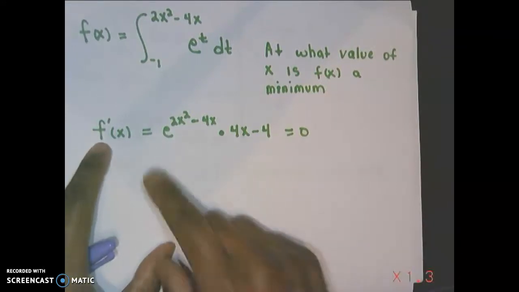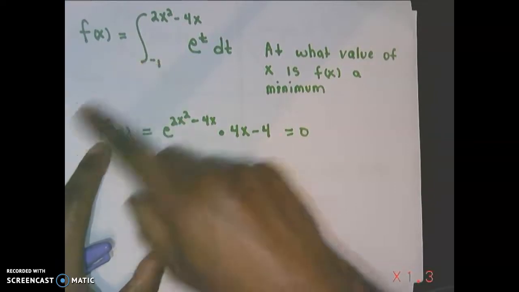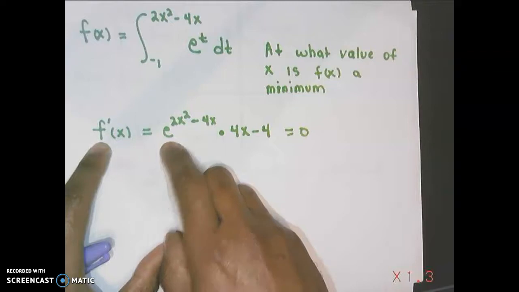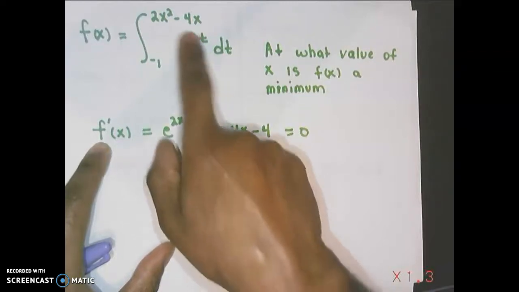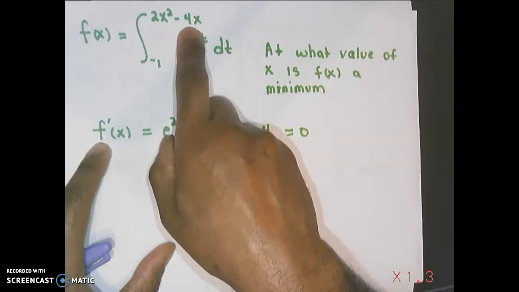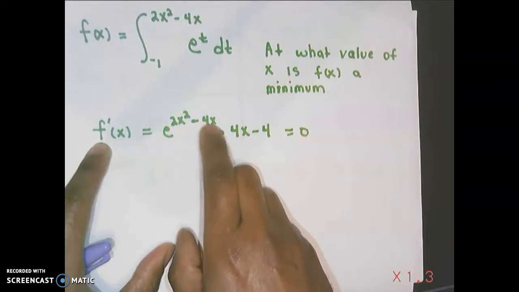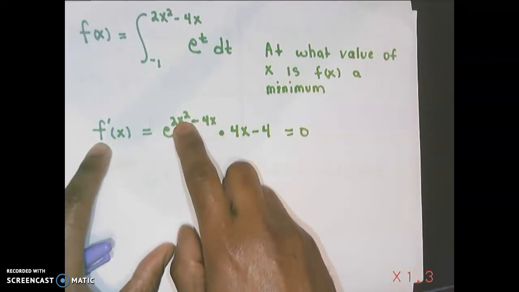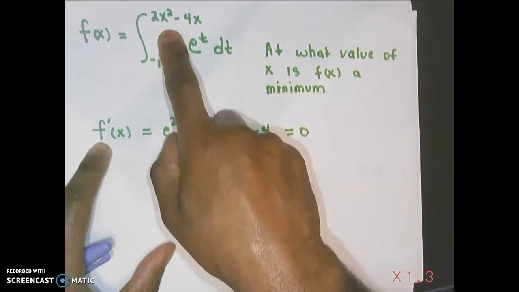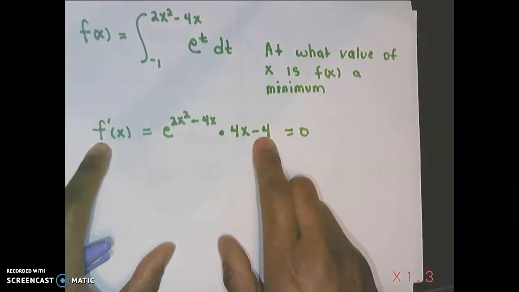Since we're taking the derivative of the integration, we get rid of the integration. Everywhere I see a t, I'm going to put my upper limit, which is this function 2x squared minus 4. So now this just becomes e to the 2x squared minus 4, and I always multiply by the derivative of the upper function. So that now becomes 4x minus 4.